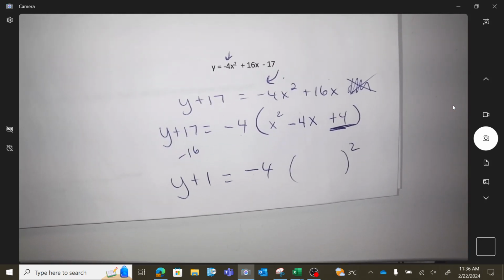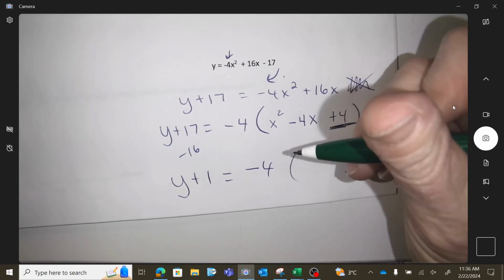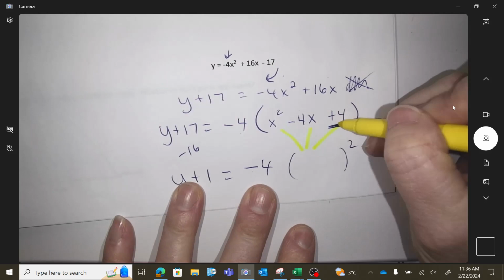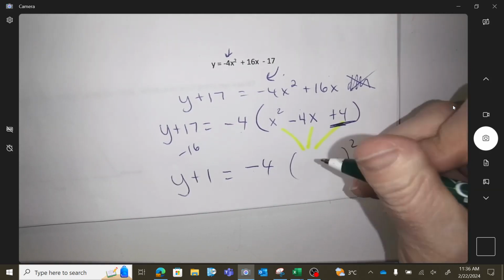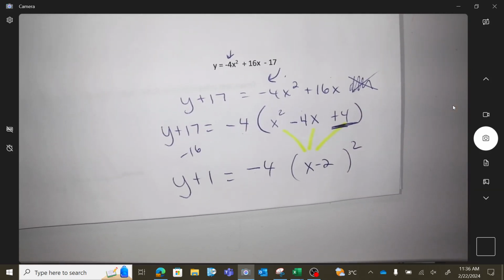-4 brackets squared x minus 2. Okay? If I ask you some quick questions, can you answer them? Like, what's the vertex? Boom, get it.